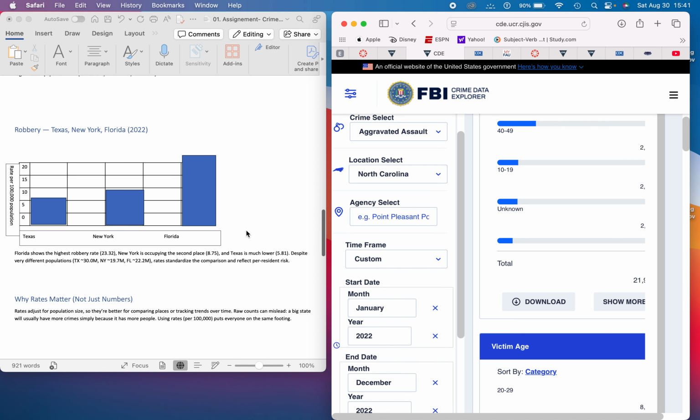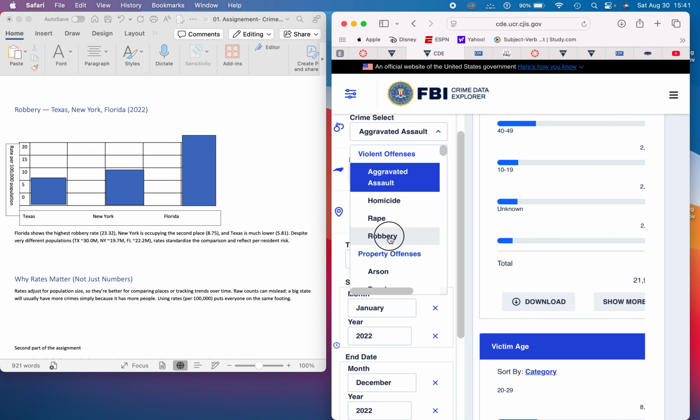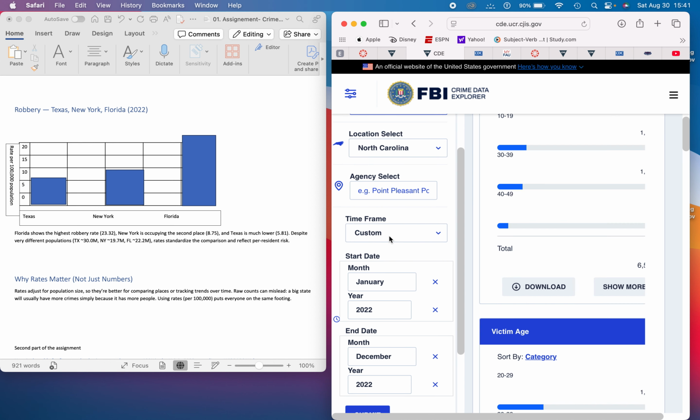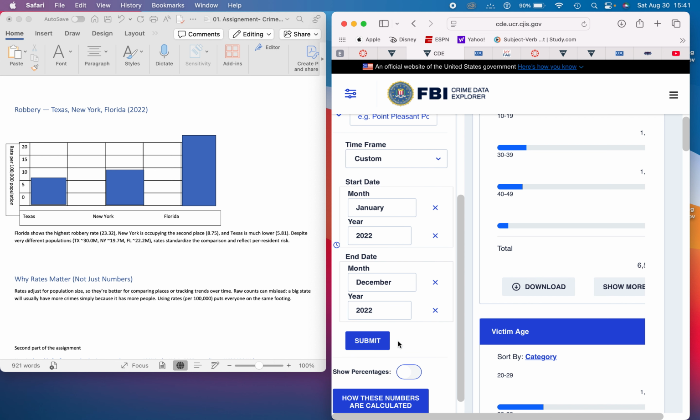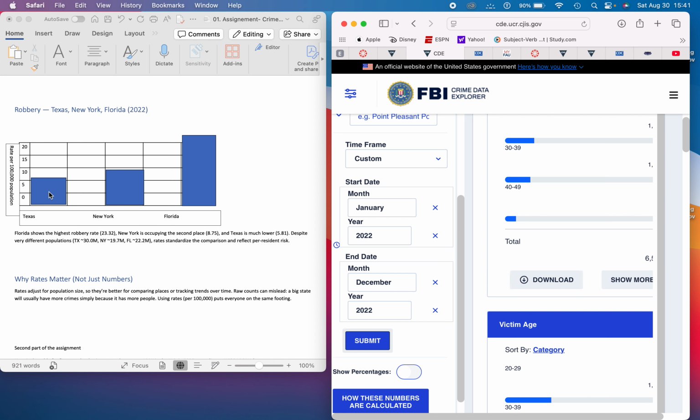And we're gonna go for robbery, and it's the same process. You get the same result, and it's 2022 again. All I gotta do is just submit, and we get the numbers right here. As you can see, in Texas it's about 5.8. That's the rate. And in New York, even though Texas has the bigger population, the robbery is lower.